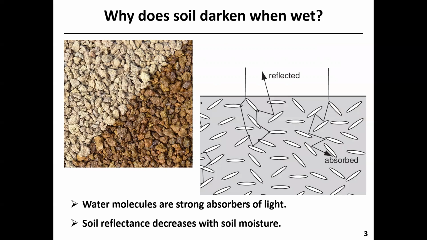This can generally be explained by the reflectance of the soil and optical properties of the soil, because water molecules are strong absorbers of light, and that's why when we have higher soil moisture content, the soil reflectance will generally decrease and soil looks darker. And that's how we can sense soil moisture remotely from optical data.